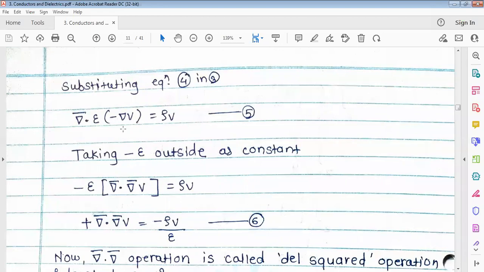One more thing: I'm writing here del bar and sometimes I'm writing only del. Are both the same or different?